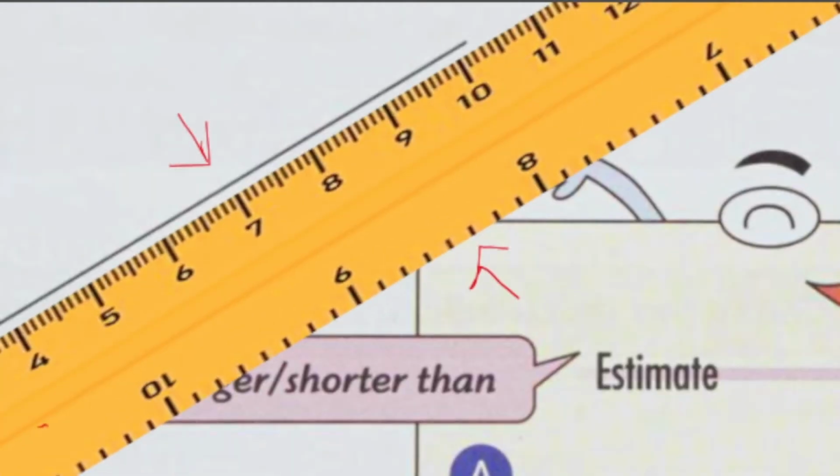So these are the marks. This is the 10 centimeter mark, and this one line is 0.1, this is 0.2. So this is 10.2 because this is in front of the second mark after 10. That's why it is 10.2.